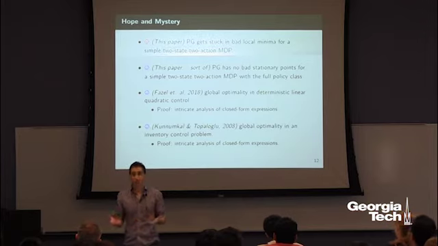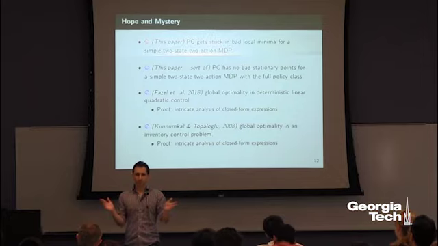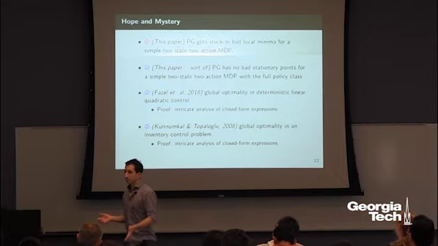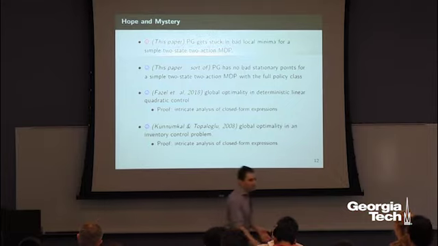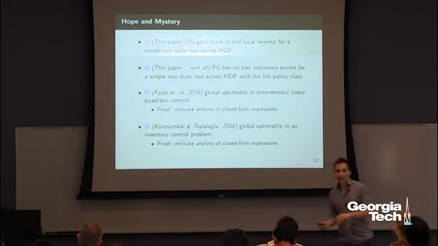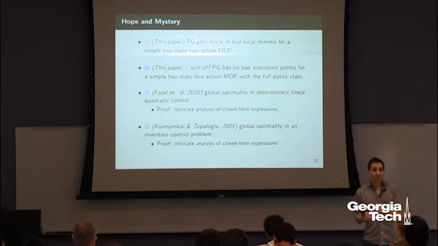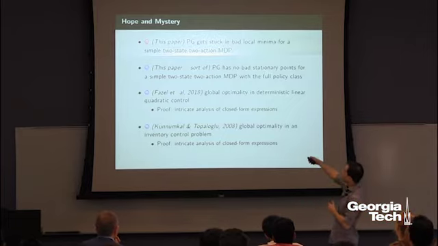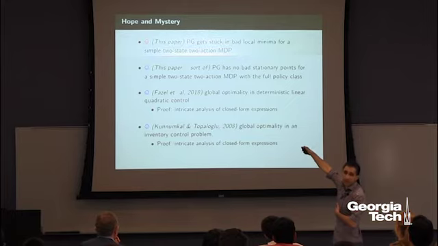That class is known to contain the optimal policy, and so they search over it using gradient descent on that matrix. Now, that problem is non-convex. It's not quasi-convex. It's nothing nice. And yet, they reach the global minimum. The proof involves intricate analysis of the various matrices that show up in linear quadratic control. So I'm wondering what was special about linear quadratic control that does not hold in this example at the top.